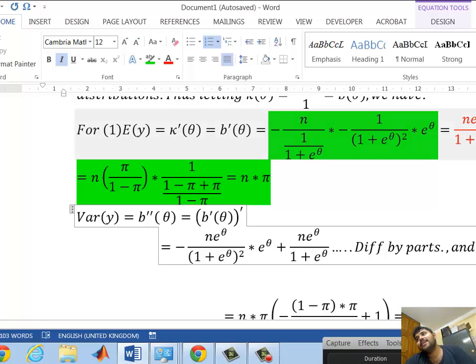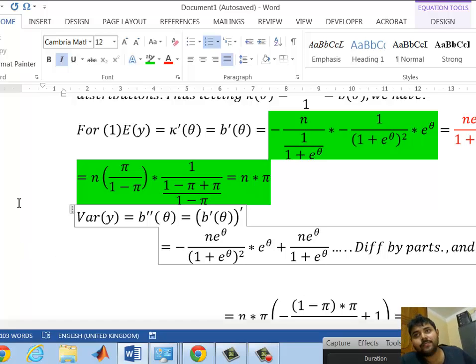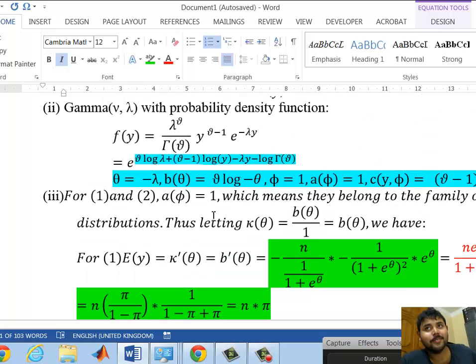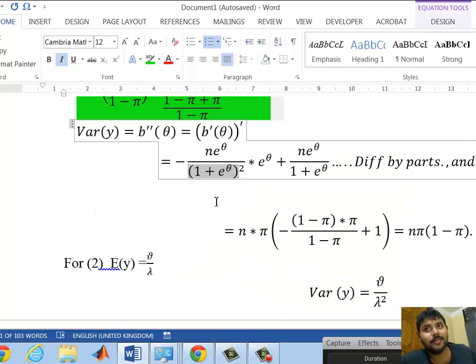I'm starting here, and I'm trying to differentiate the red letters with respect to theta, which gives me, so there is a theta in the numerator, there's a theta in the denominator. So I'll have to do the differentiation by parts when it comes to products. It's now not a chain rule anymore, hopefully, which we had to do if we were doing the double differentiation from the original b double prime.